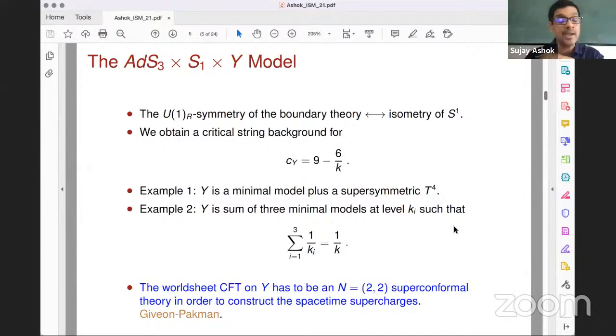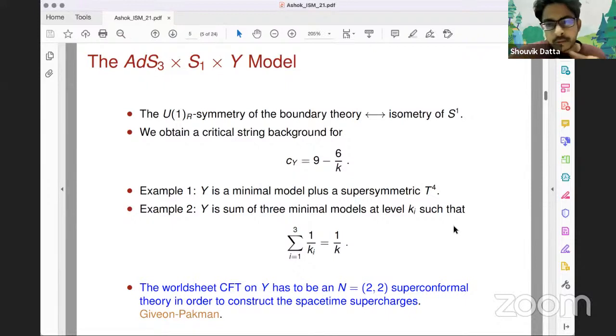So whatever I'm about to say will apply to all (2,2) models, in my opinion. I see. It should, because I'm assuming nothing about the compact space. All I require is an S1, and Y has to be a CY of dimension 9 minus 6 by K. And I'm just saying, what is the most general thing one can say about such models? So it should include all the models.